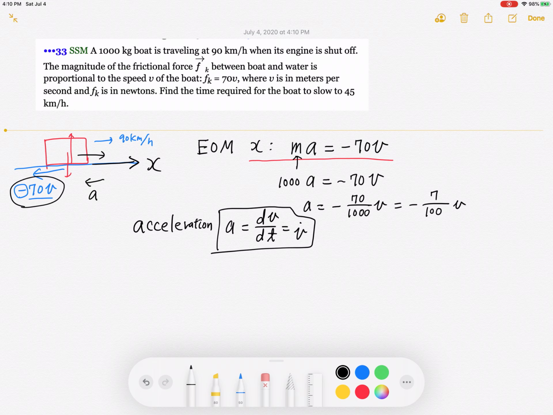So that much acceleration is acting on this boat to the left. So let's rewrite this acceleration A in terms of the time differential of the velocity. V dot equals negative 7 over 100 v.